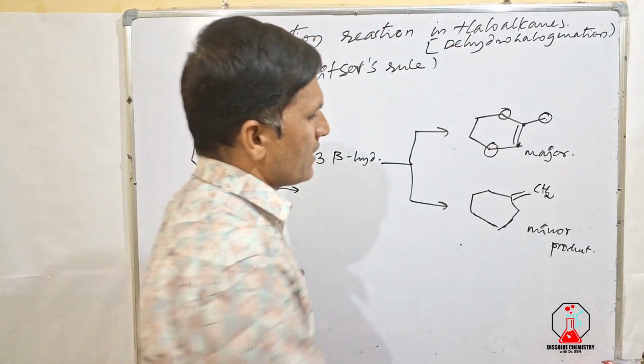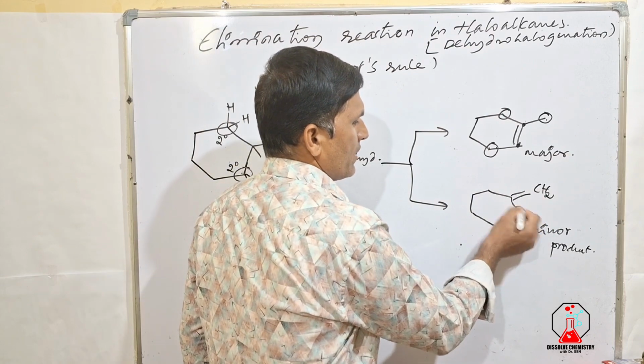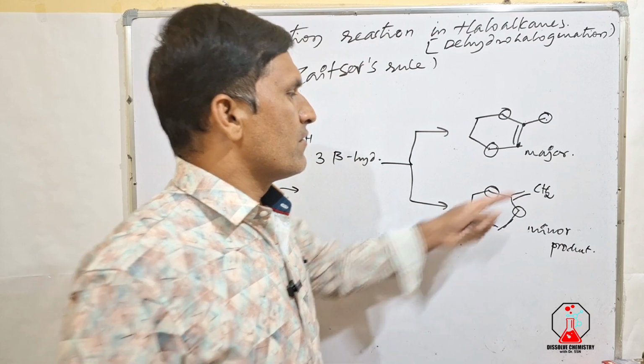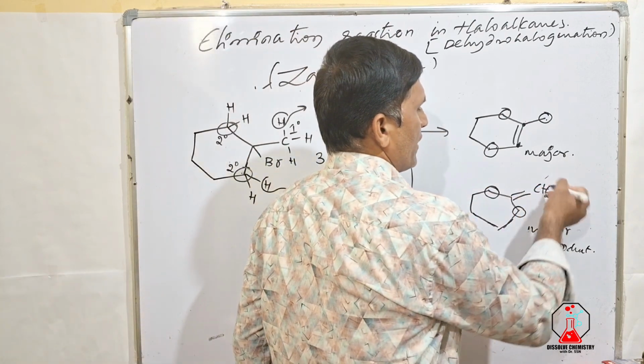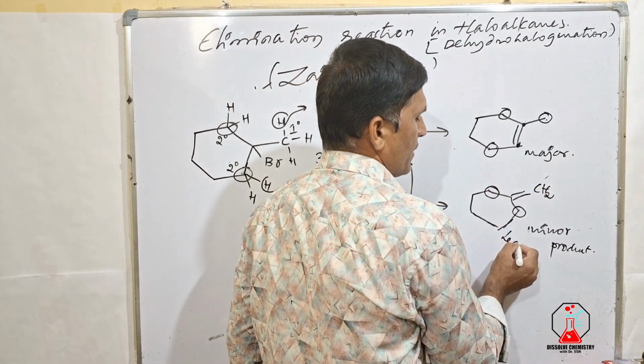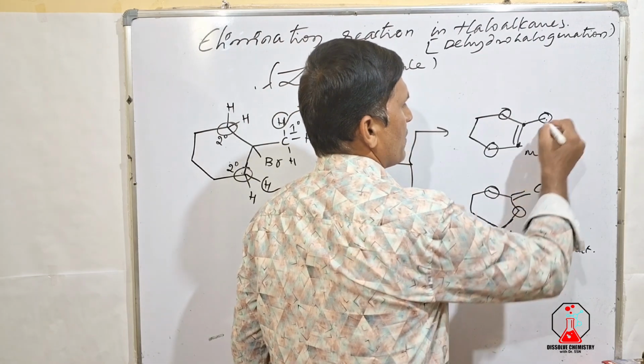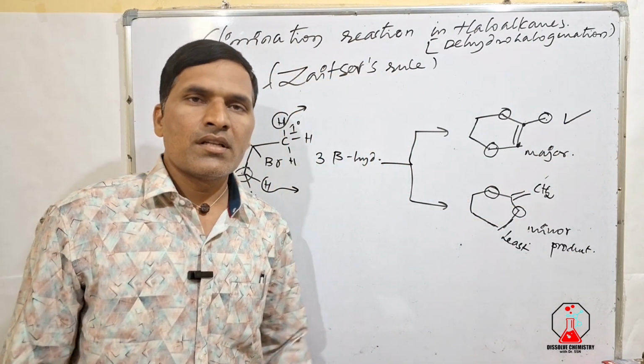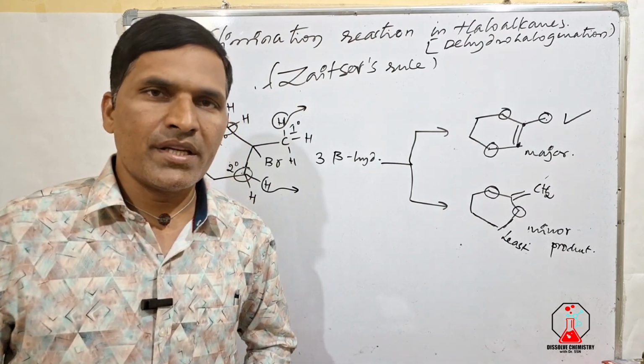Whereas here only one carbon is substituted with another carbon skeleton, and here both are hydrogen atoms. So therefore it is the least stable when compared to this one. So this is more preferably formed according to Zaitsev's rule in the presence of a strong base.